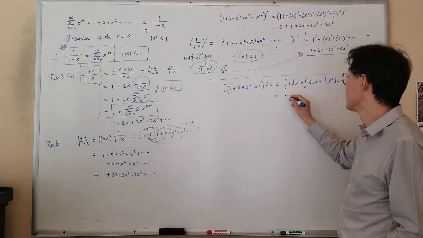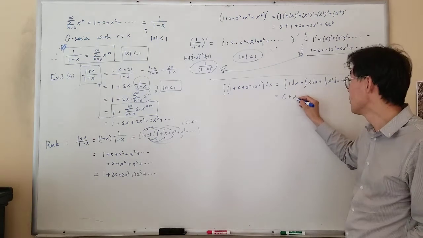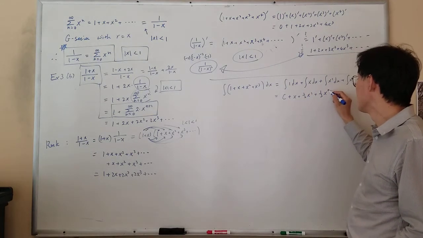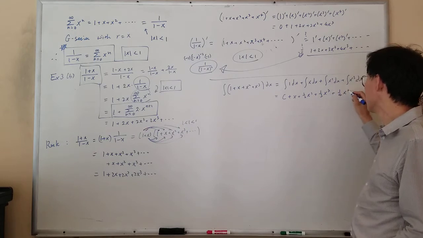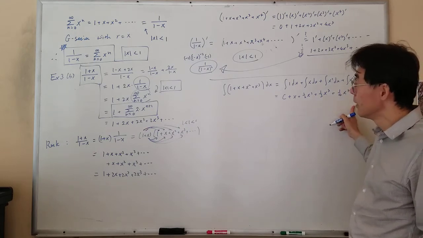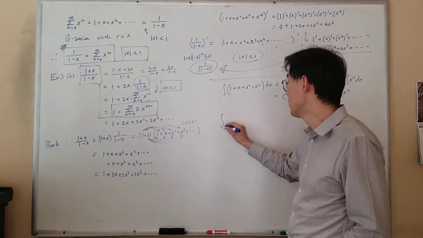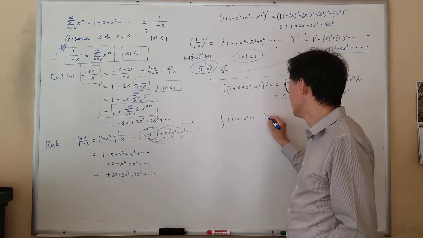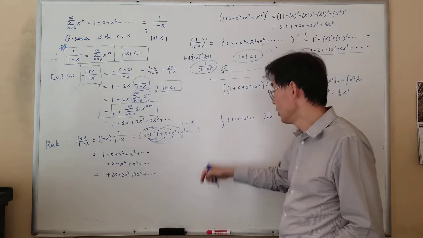So you get some arbitrary constant times x, 1/2 of x squared, 1/3 of x to the third, 1/4 of x to the fourth. And the question is, what about infinite geometric series?